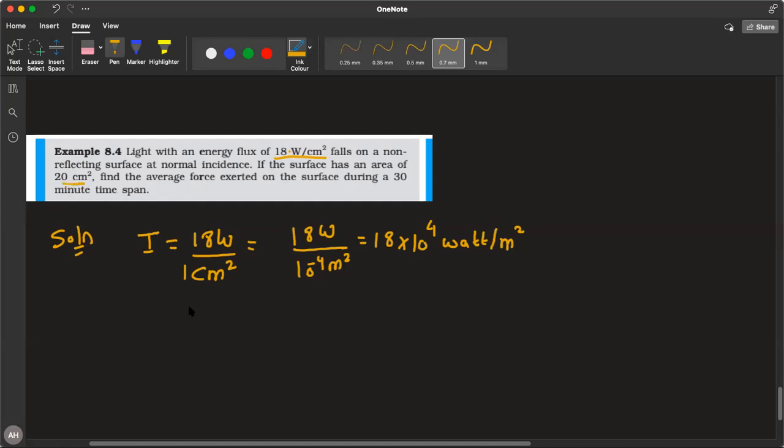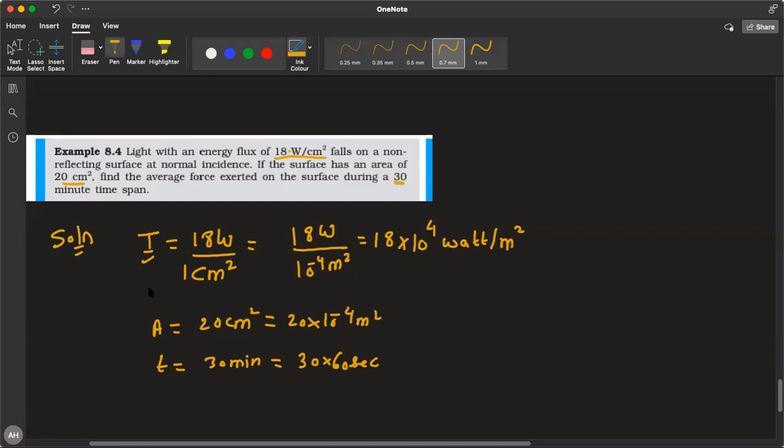The area is 20 centimeter square, so you can write this as 20 into 10 raised to the power minus 4 meter square. Time is given as 30 minutes, or 30 into 60 seconds.